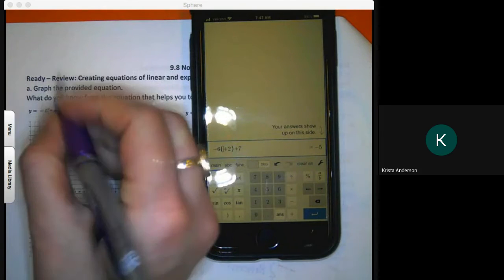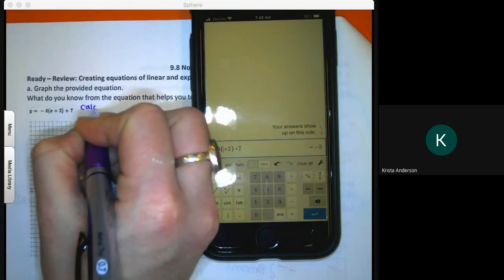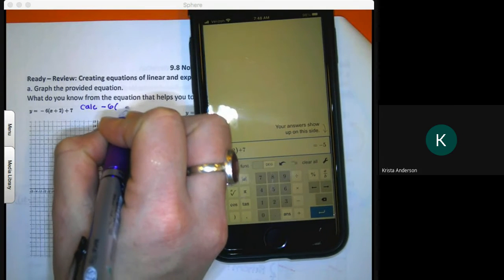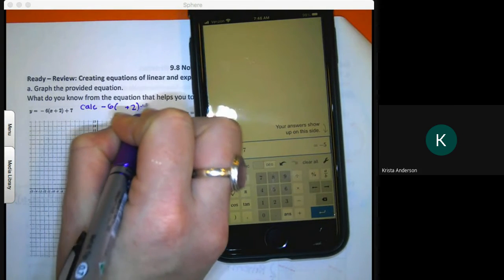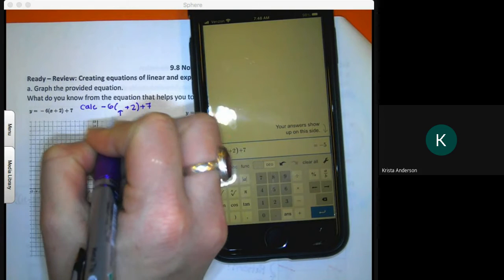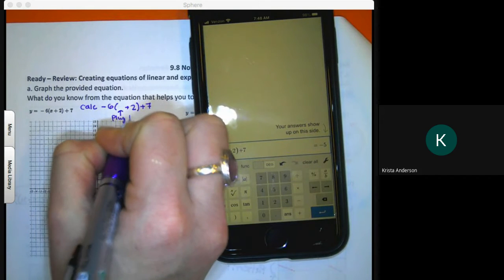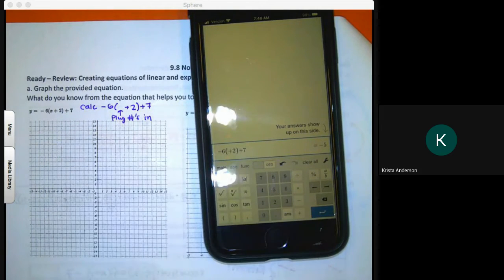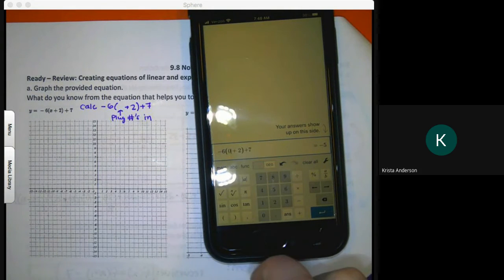So I'm basically on my calculator finding points by plugging numbers in right here. Somebody pick a number that you want to try. 0? 0 is at -5.